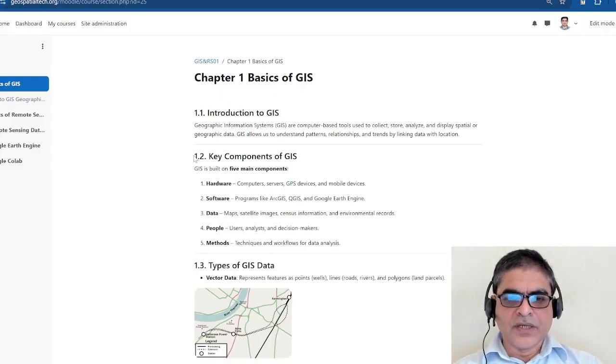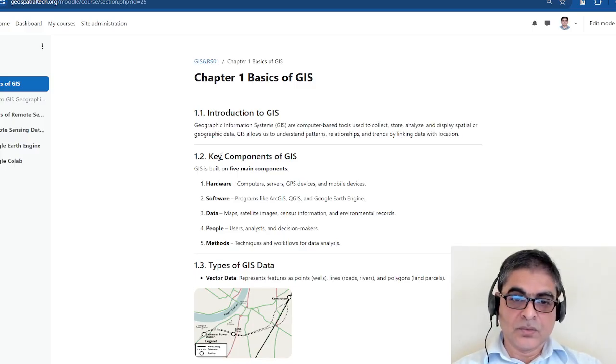As we know, GIS is a system, and a system has components. From beginning to end, what we need to do GIS, the first thing we need is the hardware, and we need a computer. We need a server, or we may not need the server if we are dependent on the data, I mean the raster data. We can fetch the data from any cloud server, web server, or data server.